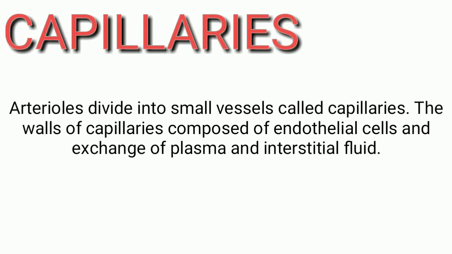Now move to capillaries. The arterioles divide into small vessels, which are called capillaries. The walls of the capillaries are composed of endothelial cells, like the innermost layer present in the arteries, and their work is the exchange of plasma and interstitial fluid.